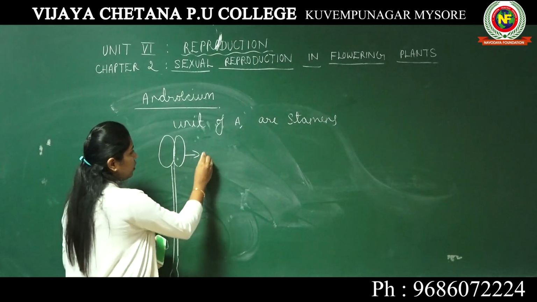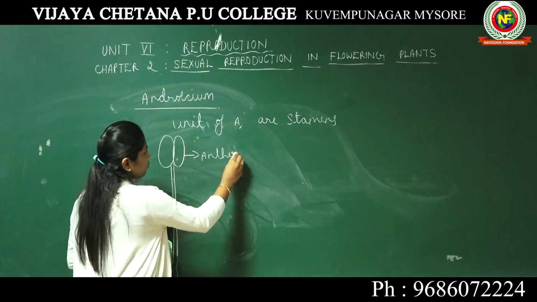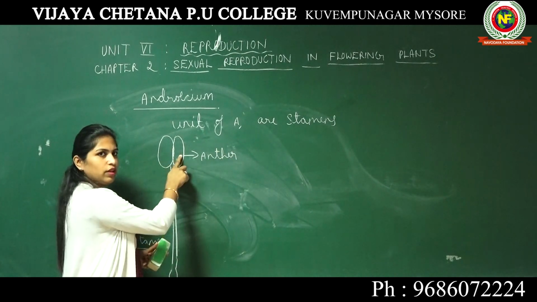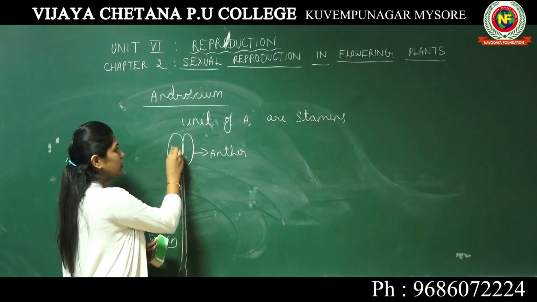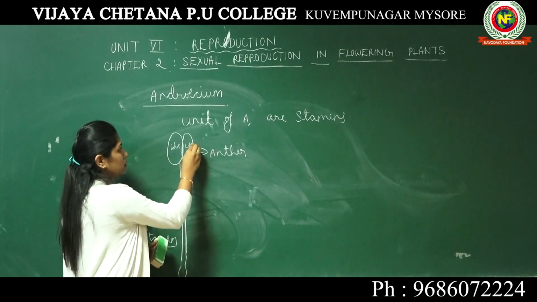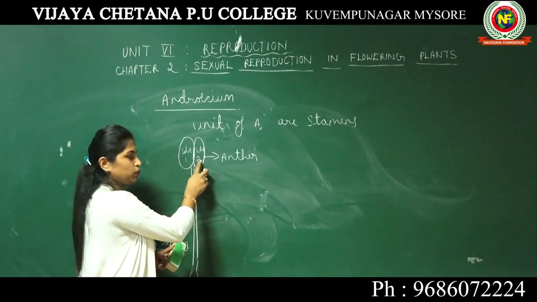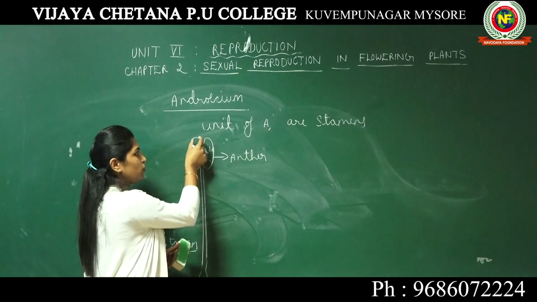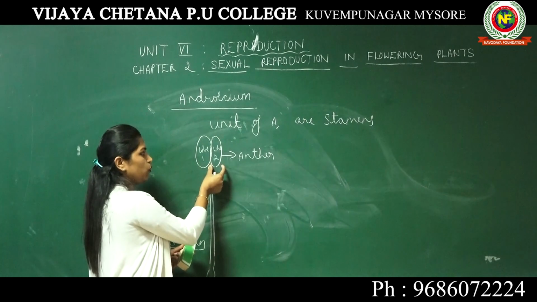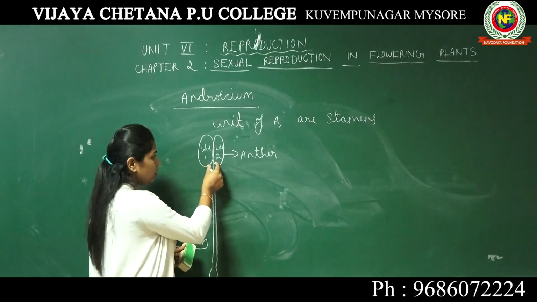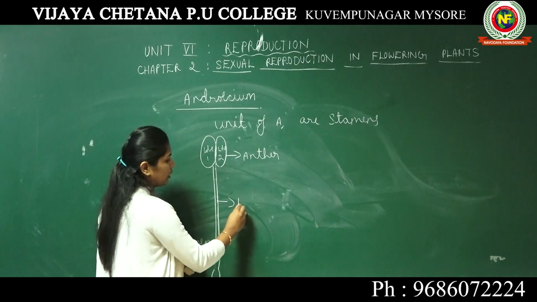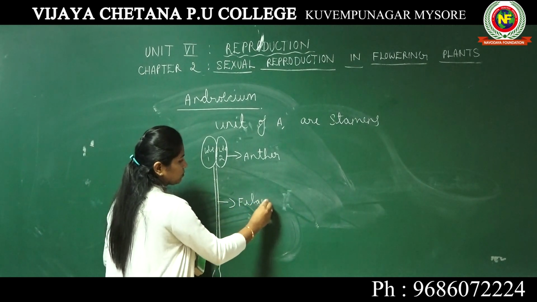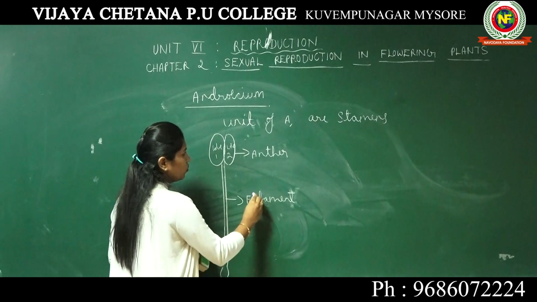This upper part is bilobed. You can see 2 oval shaped structures here, which are represented as lobes. This is lobe 1 and lobe 2. So anther, which is bilobed, has 2 lobes in it, and there is a very long and slender stalk called filament.